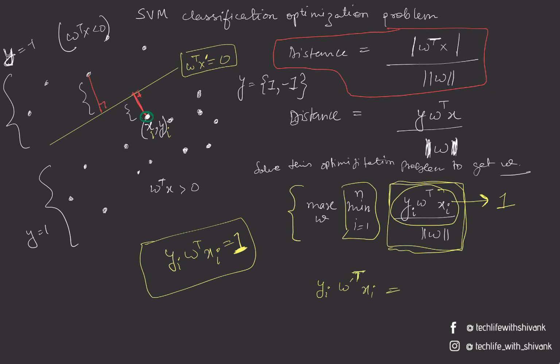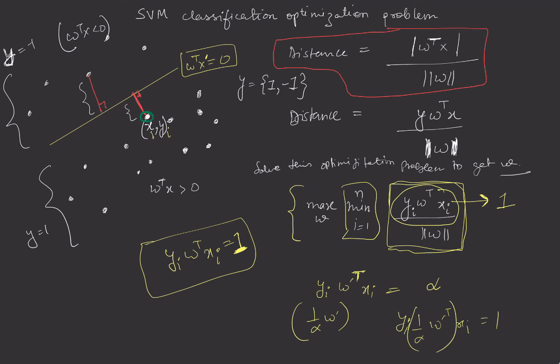It was equal to some value alpha. Then we could have obtained another solution which is 1 by alpha w dash, for which yi 1 by alpha w dash transpose xi is 1, and this is also a valid solution. So basically, out of all those w's which we can find, we'll be finding that w for which this condition holds, and it will give us one answer among all the many possible answers.